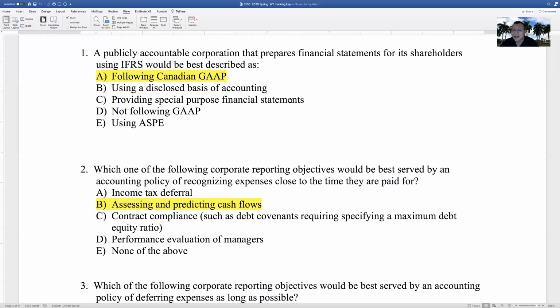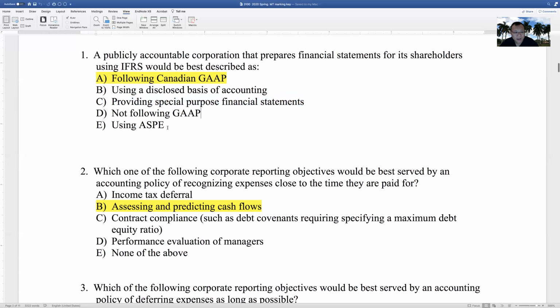Special purpose financial statements you have not seen yet. Maybe you will learn some in auditing courses, but in financial accounting you may not see a lot of special purpose financial statements.